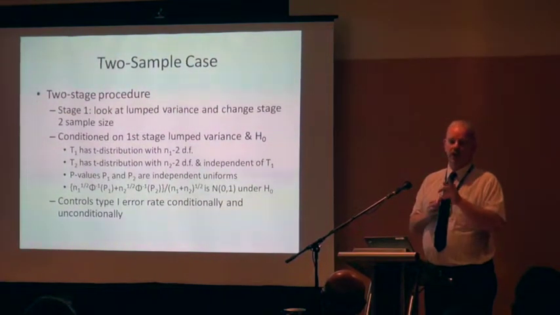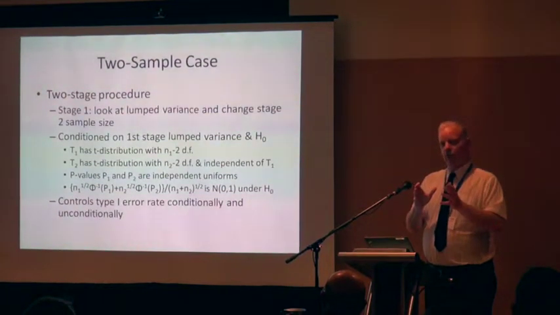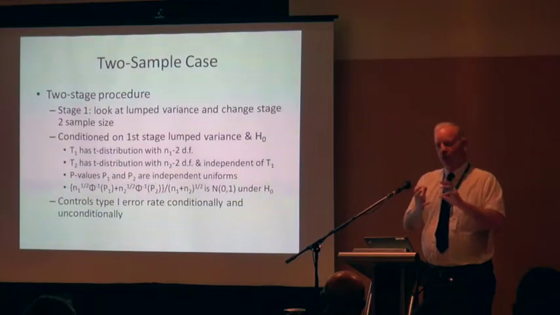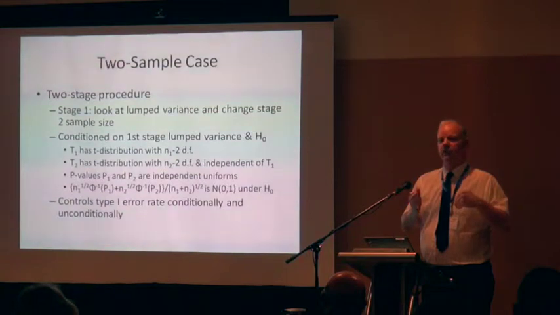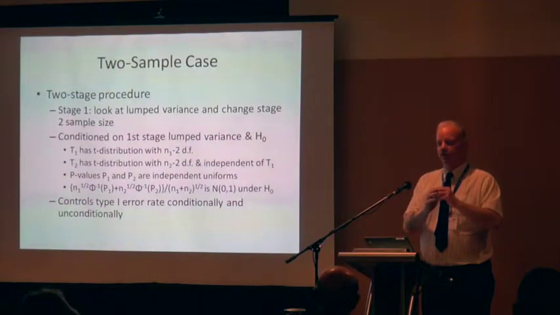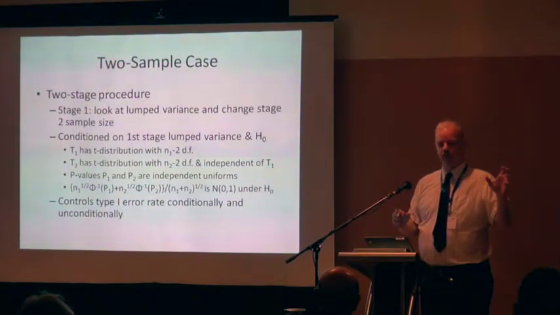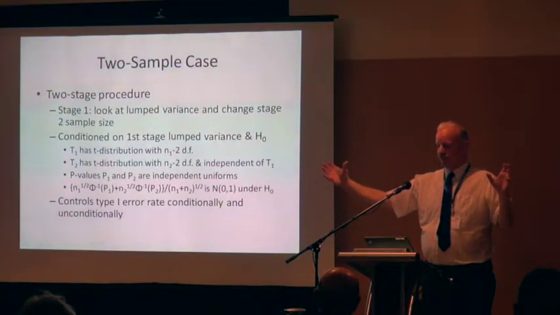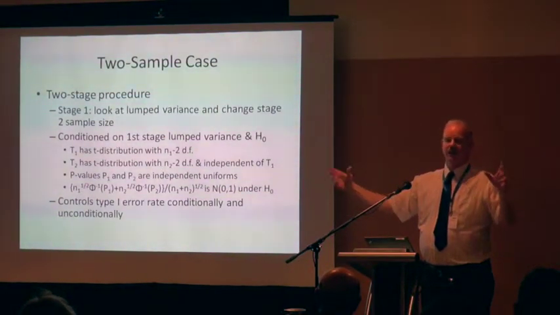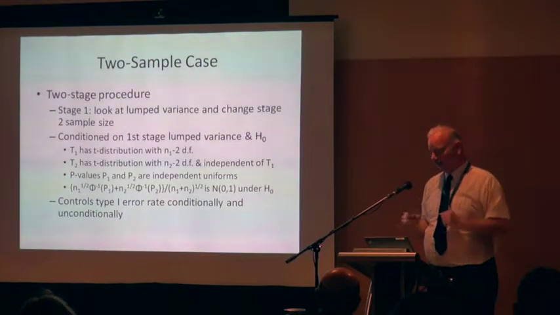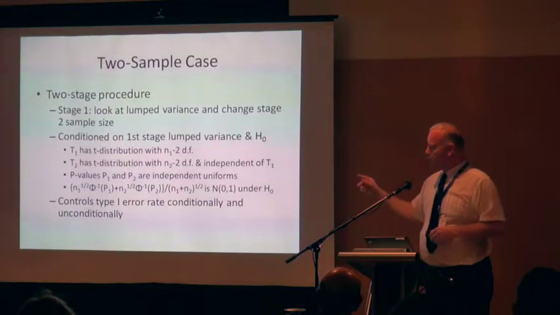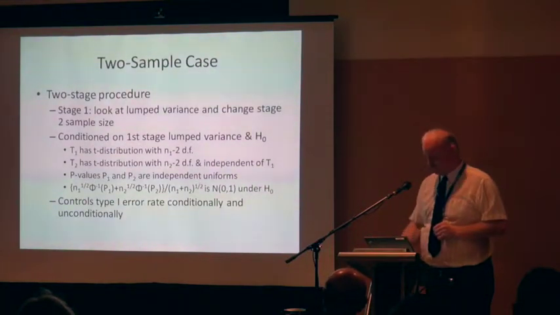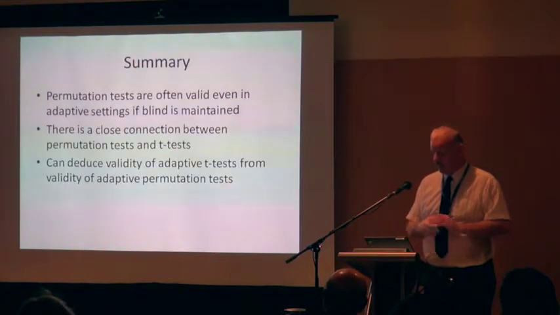The same issue applies, though: you could say, well, is that really a good idea? The lumped variance should include the treatment effect as well. I'm taking the variance of all the observations. If treatment has a really big effect, then the control observations are on one side and the treatment observations are on the other, which will really increase that lumped variance. But again, I maintain that in clinical trials we're usually looking at small treatment effects, in which case that is a good estimator of the common variance.